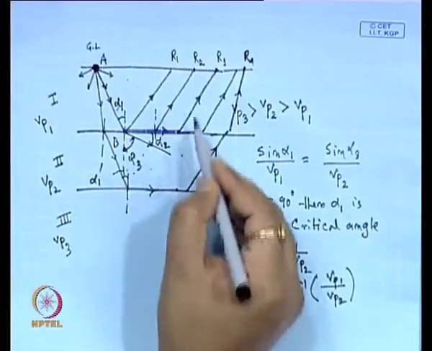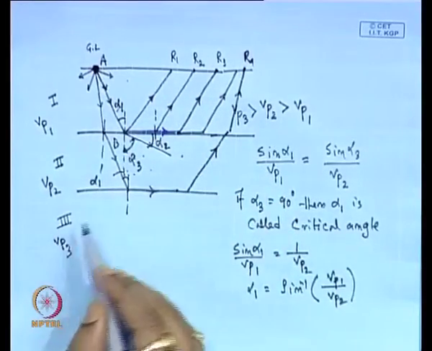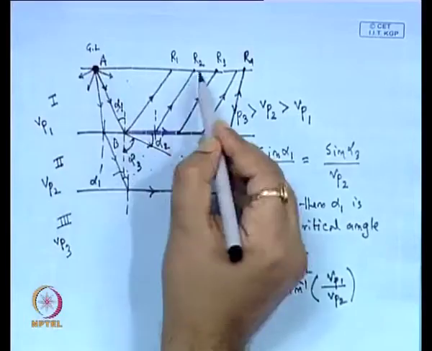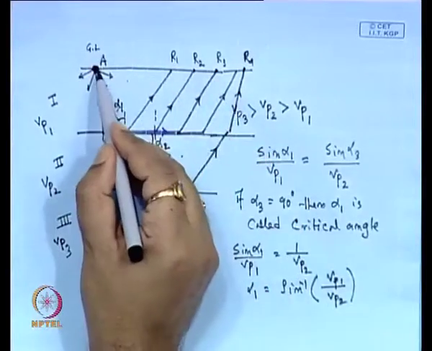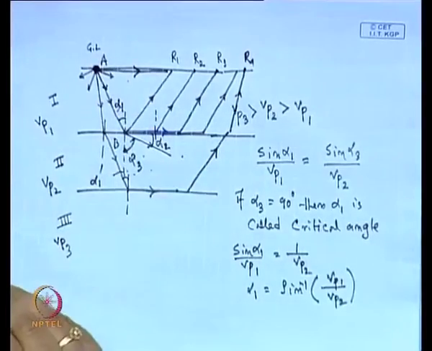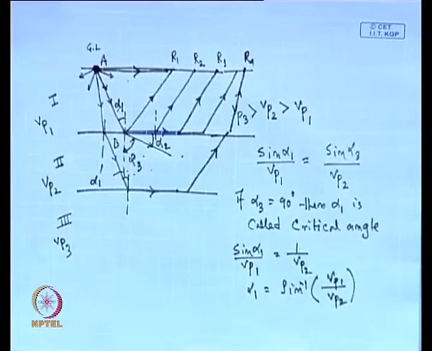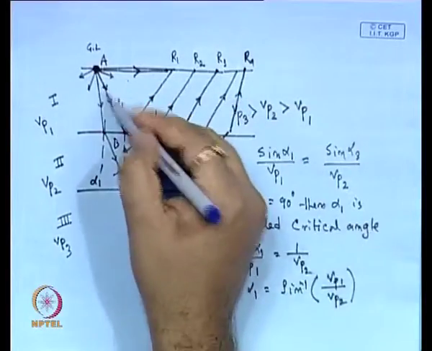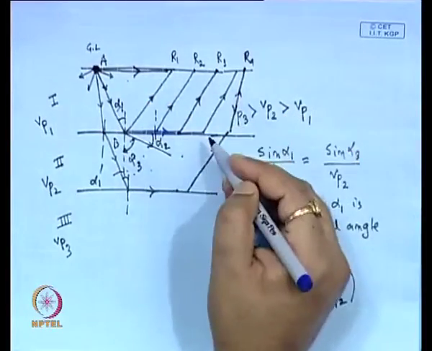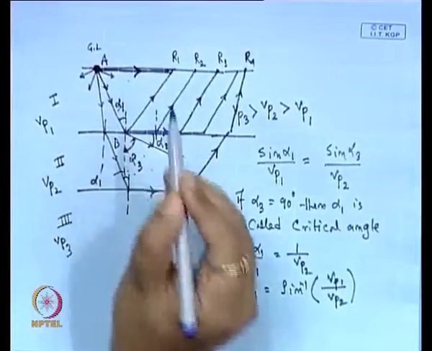So, now the question is that these rays are passing after the refraction. Now, from A to the different receivers, a ray can also travel directly. So, there are two rays: one is passing through the different layers after refraction in this total system, and another is passing directly from A to the different receivers.